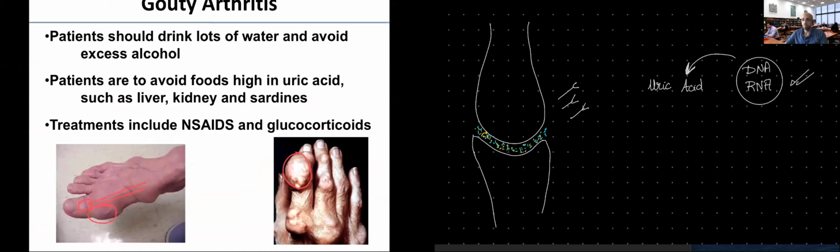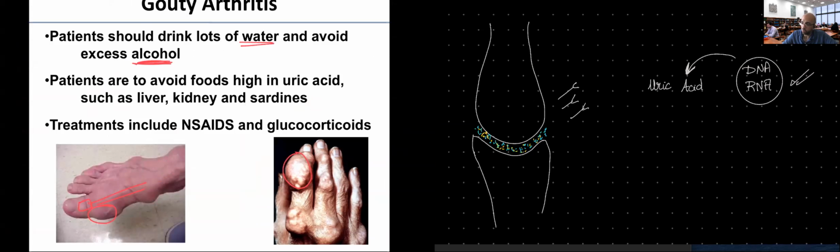All right, so what would you recommend to those patients? Avoid any excess alcohol, because as a metabolic product of the breakdown of the alcohol, you're going to be forming uric acid. So you want to avoid alcohol.